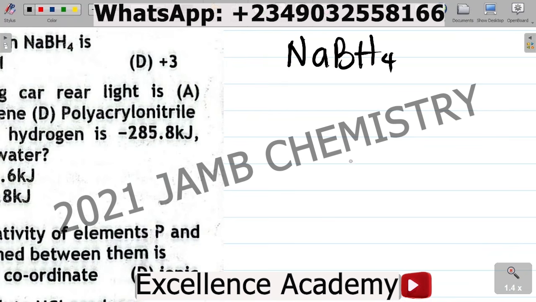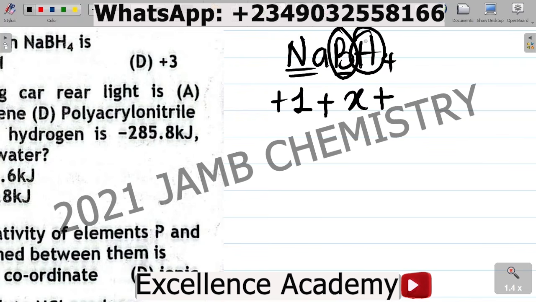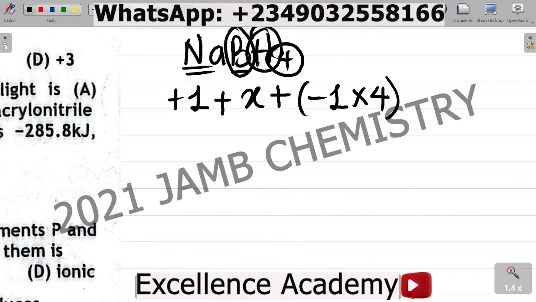We are asked to find the oxidation number of boron here. Now, for sodium, the oxidation number is +1, plus for boron, we do not know, we'll call it X, plus for hydrogen, the oxidation number is -1, multiplied by 4, the number of atoms. So this, of course, will equate to 0.